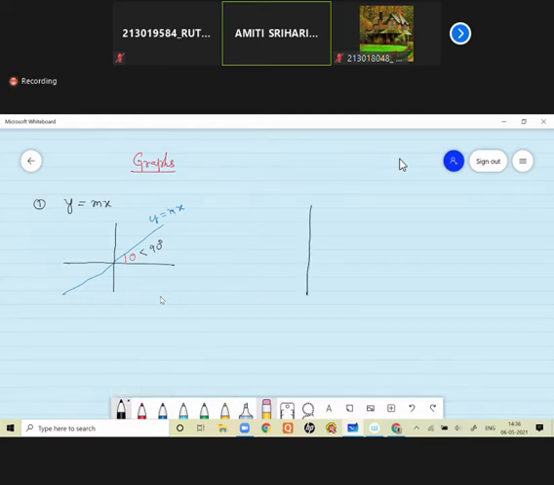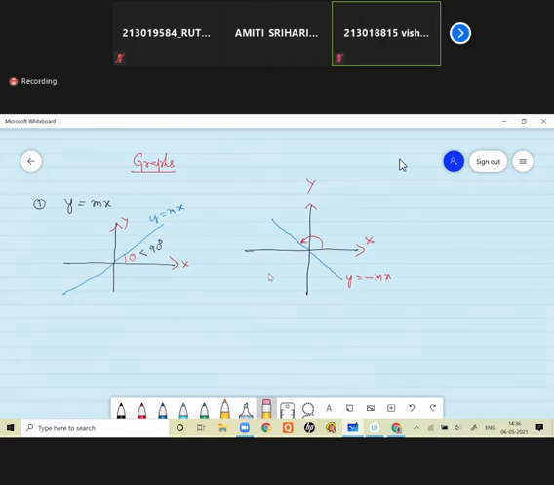Children, can you say what is this graph? Y equals minus mx. Understood? So this you have to copy in CW.